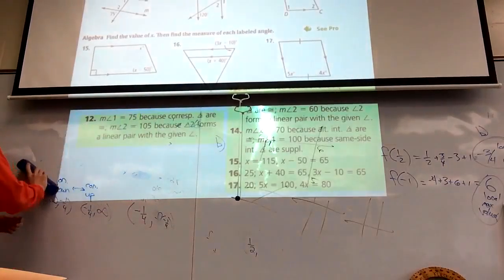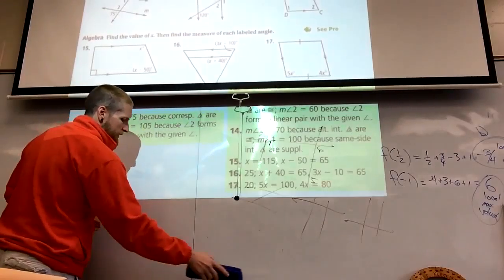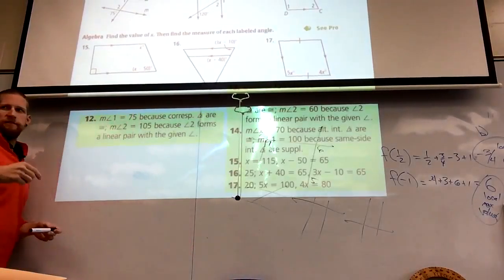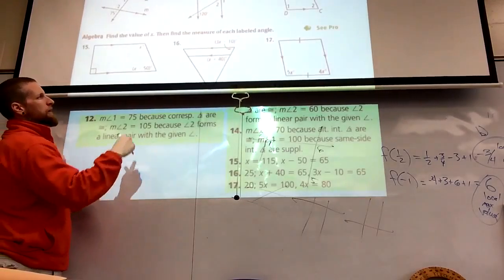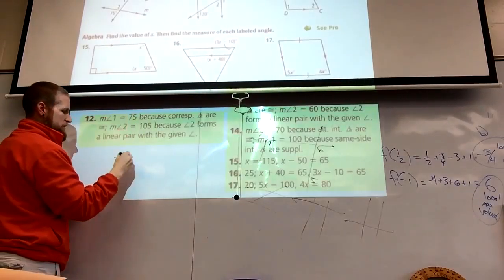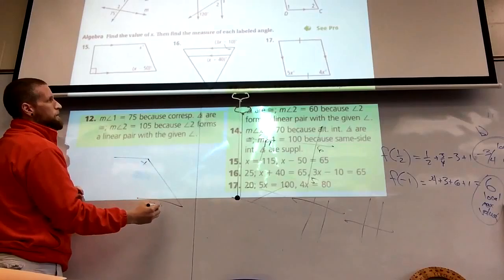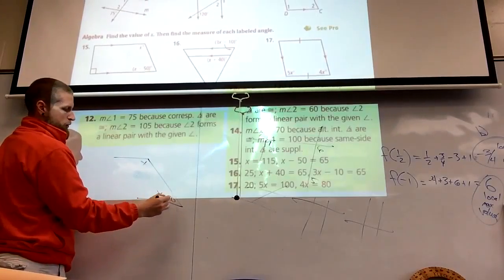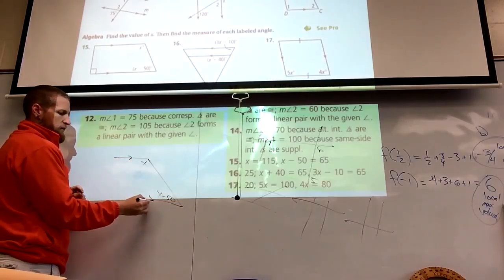Remember yesterday I said, if you're doing these, all you need to worry about is the angles where the variables are. Meaning, if I looked here, all I really care about is that portion of it. And these two lines are parallel.